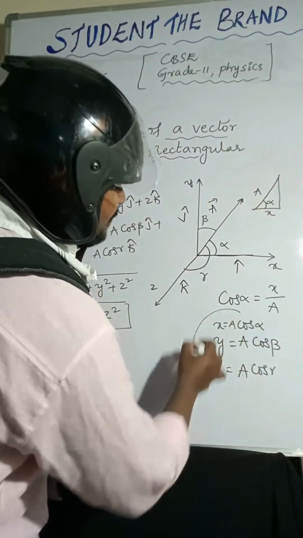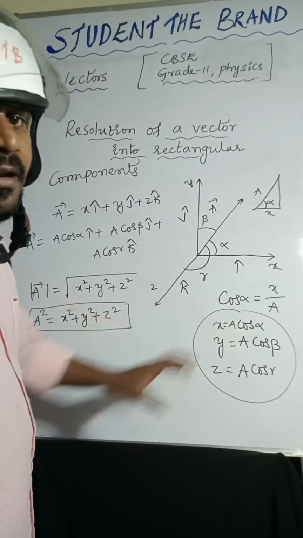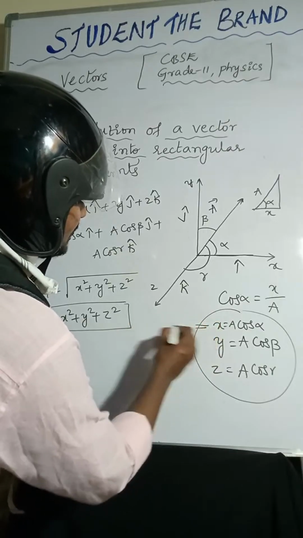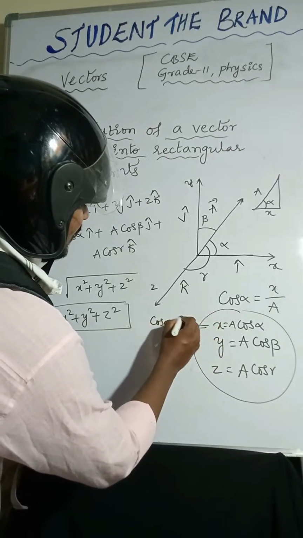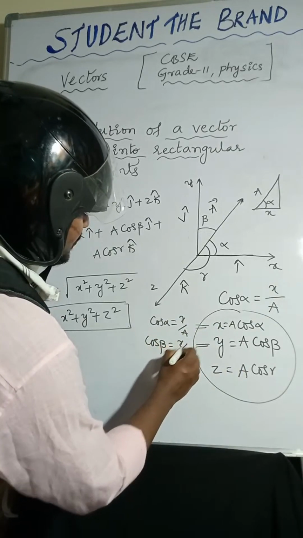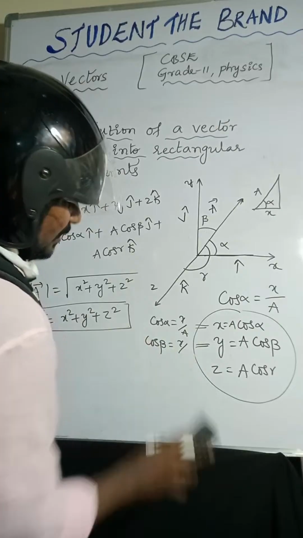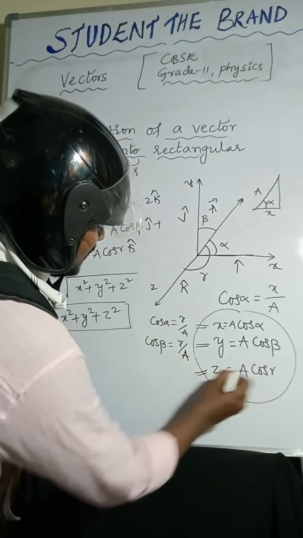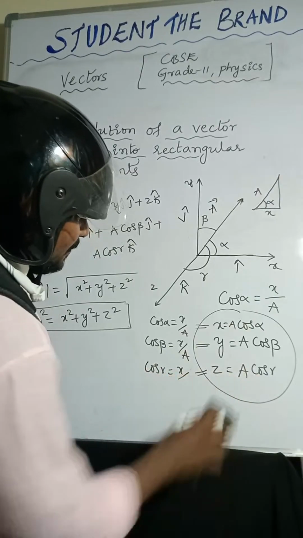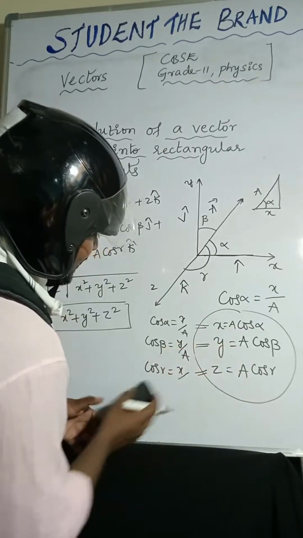Even from this you can observe: cos alpha equals x by a, cos beta equals y by a, cos gamma equals z by a.